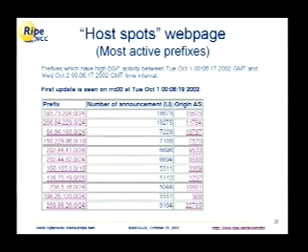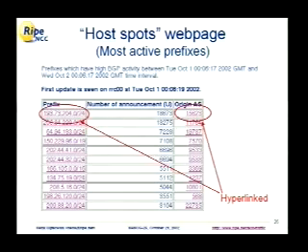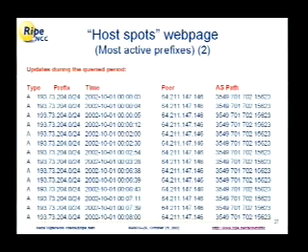And all this has hyperlinks. If you click on the prefix, you get an overview of all the announcements that were done, where they were coming from, what the path was, and so on. I've just shown the first few lines of this page. It goes on for another 18,000 more lines.